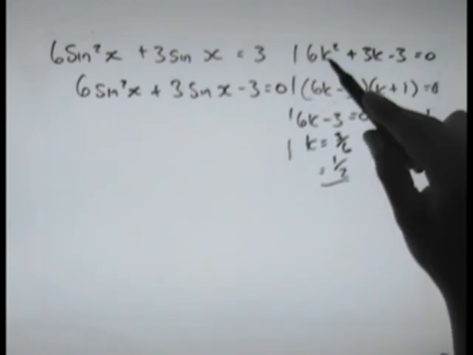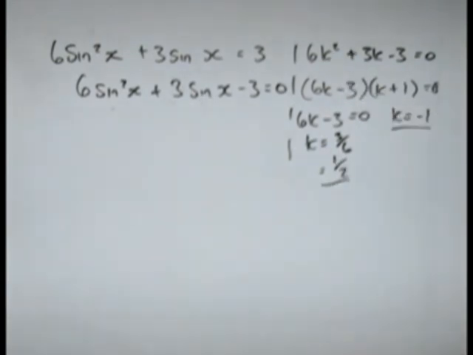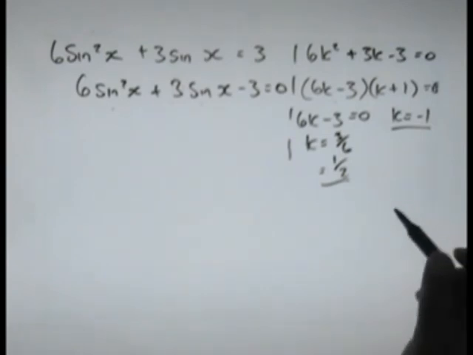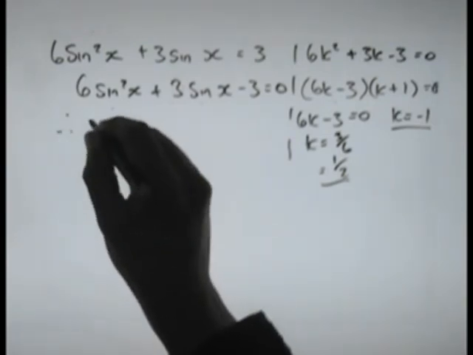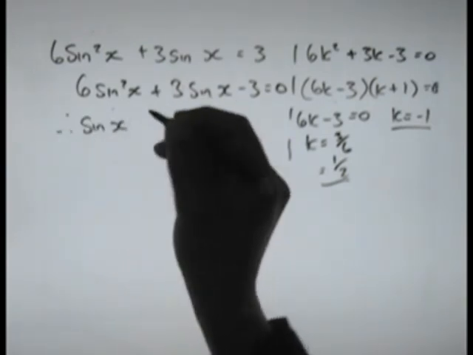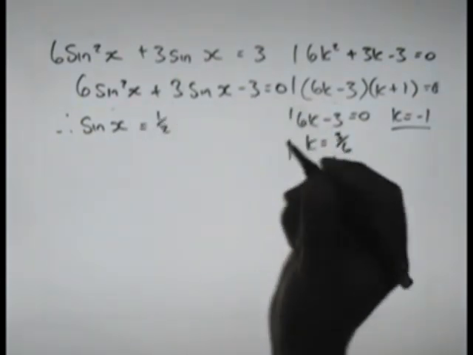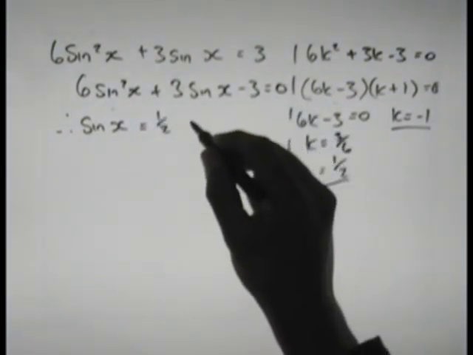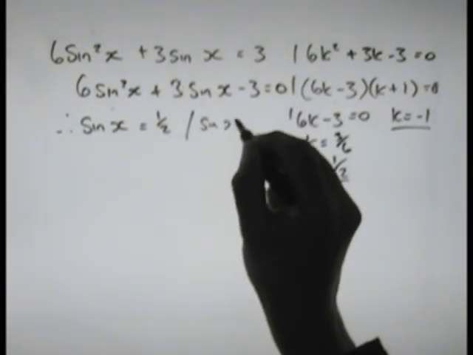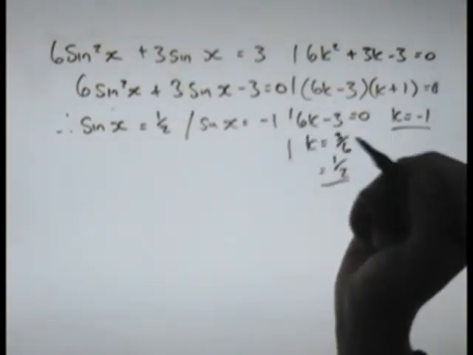But remember that k was sine of x. So this means that either sine of x is equal to a half, or sine of x is equal to -1.